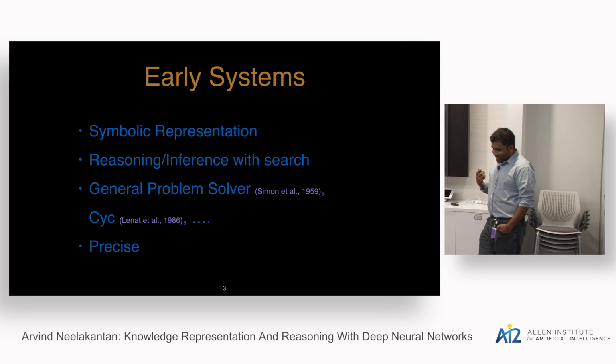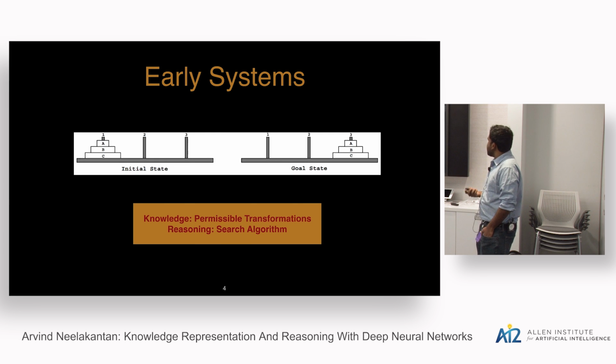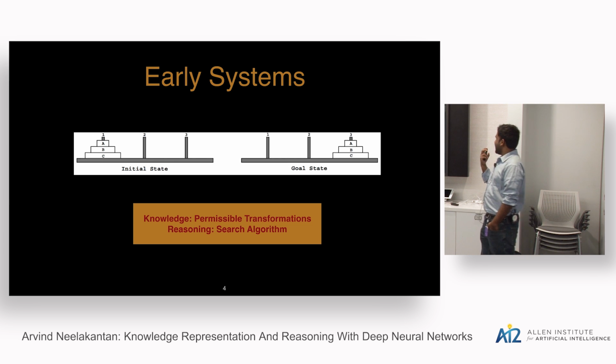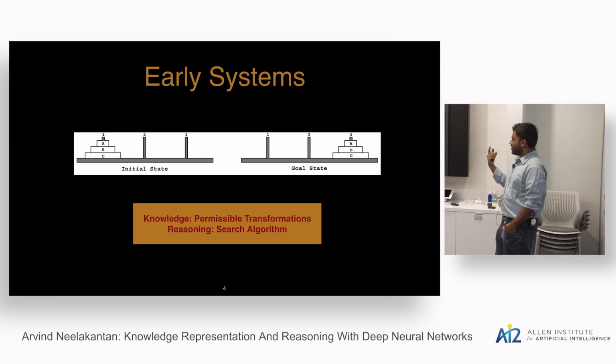I think all these systems are really carefully manually programmed for some task, and they're very precise. The General Problem Solver was developed for the Towers of Hanoi problem, where the knowledge is the permissible transformations, and the search algorithm helps you go from some initial state to the goal state.